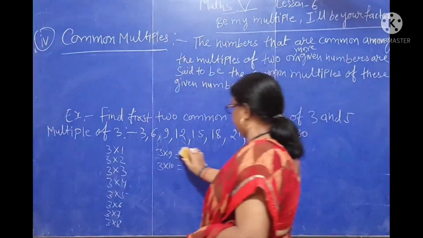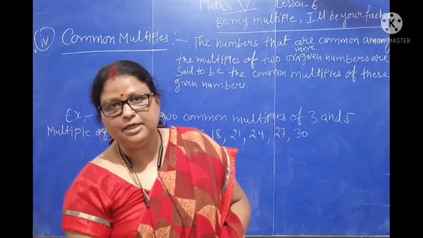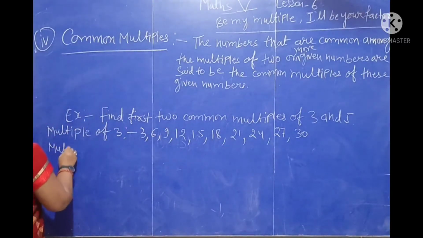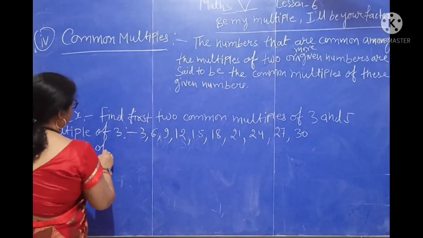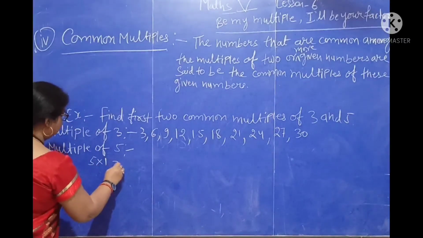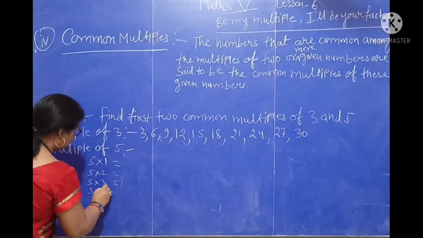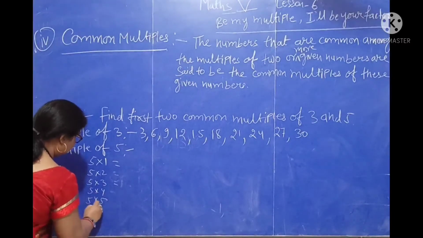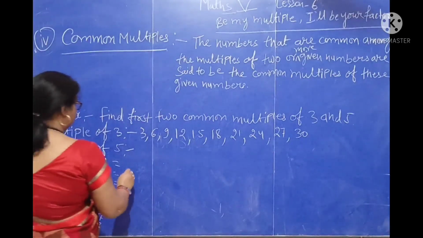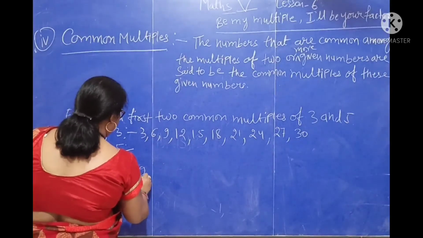Now we will find the multiples of 5 up to 10 times. 5 multiplied by 1, 5 by 2, 5 by 3, 5 by 4, 5 by 5, 5 by 6, 5 by 7, 5 by 8, 5 by 9, and 5 by 10.